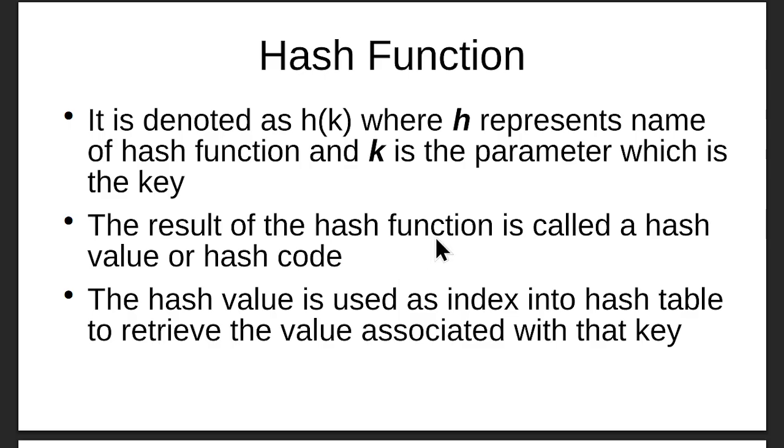The result of the hash function, or what the hash function returns, is called hash value or hash code. And once we get the hash code, we can directly go to that particular location in our table and retrieve the information associated with that particular key.